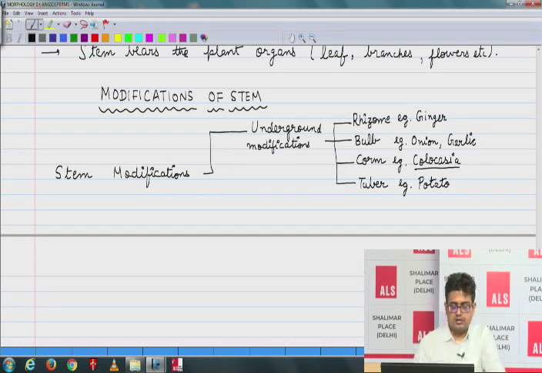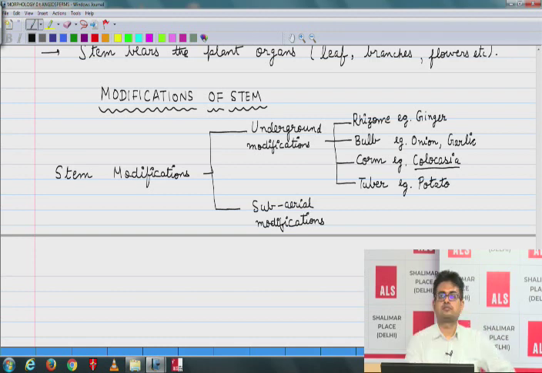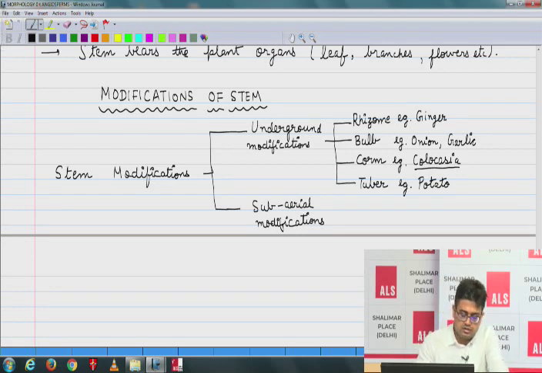Then there are subaerial modifications. There are a lot of modifications.